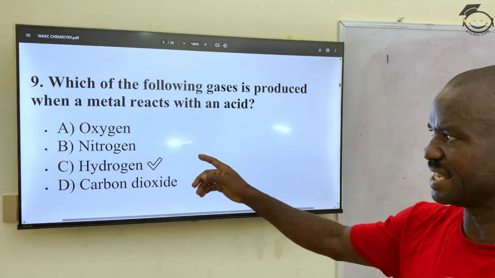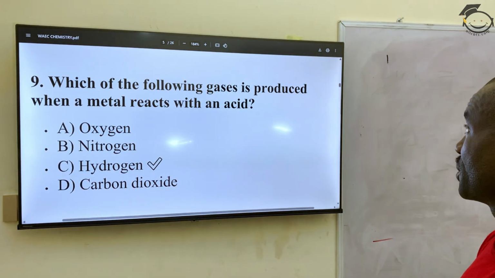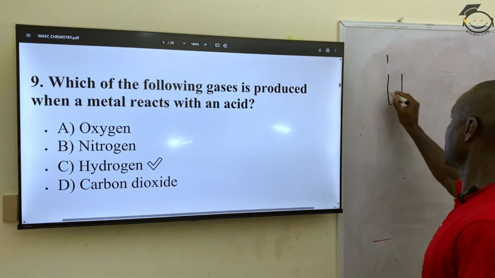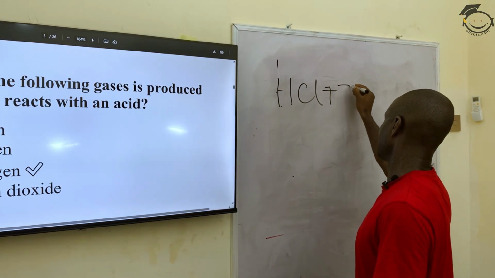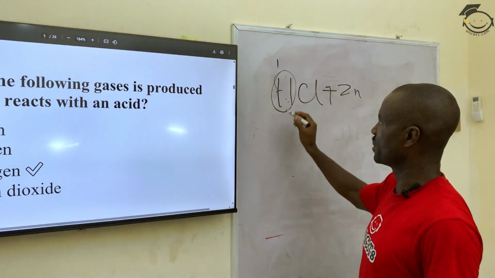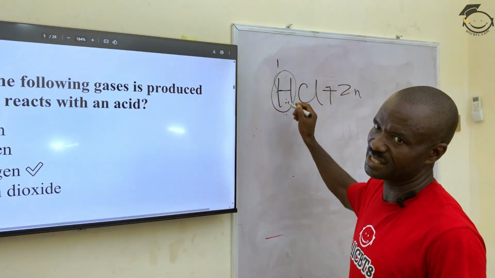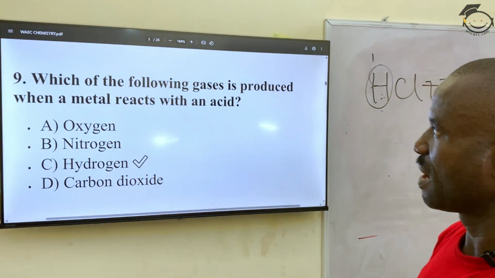The correct answer is C. Hydrogen gas will be released because HCl, for instance, reacting with zinc, just like we said above, will release hydrogen, because hydrogen is contained in an acid. Oxygen and carbon dioxide are never contained in that acid.